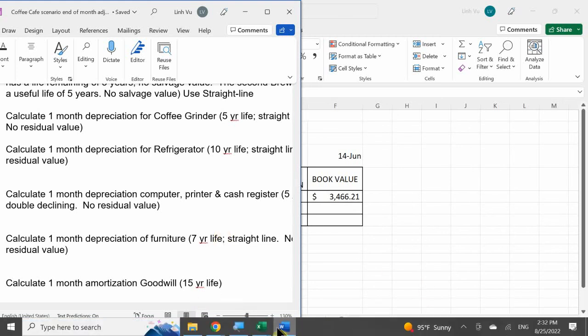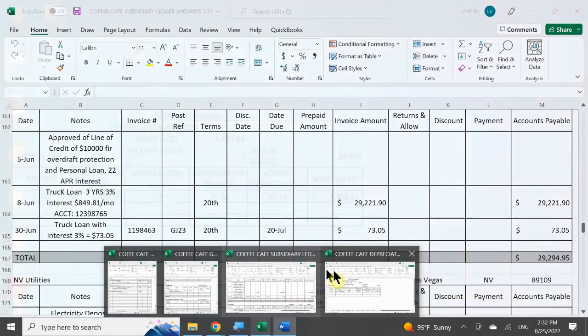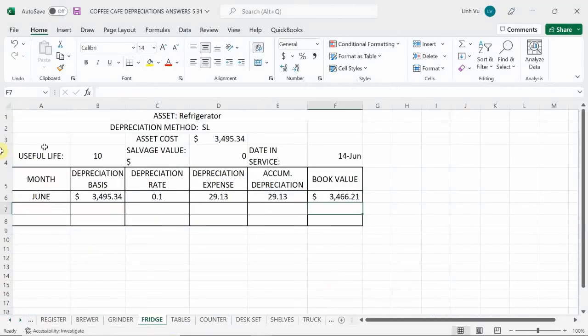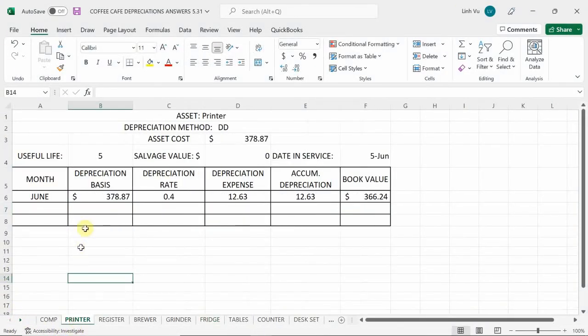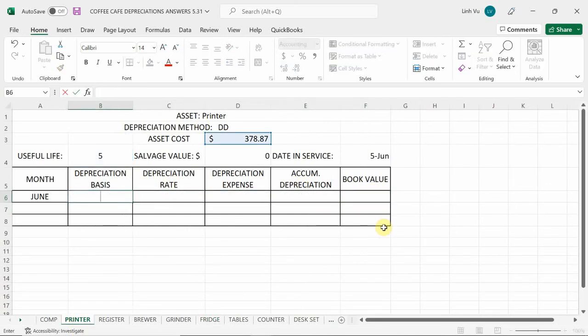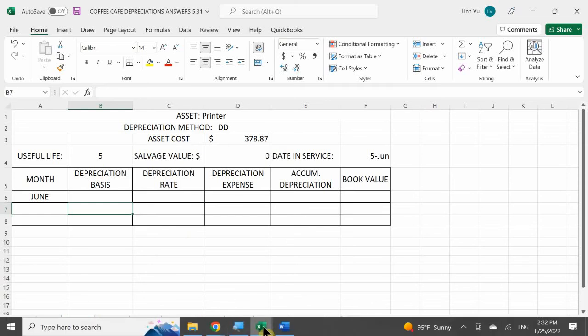So let's do one at a time: computer, printer, and then the cash register. Let's start off with figuring out what the computer was.